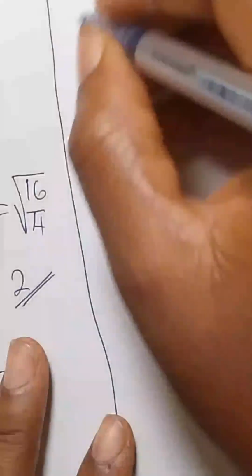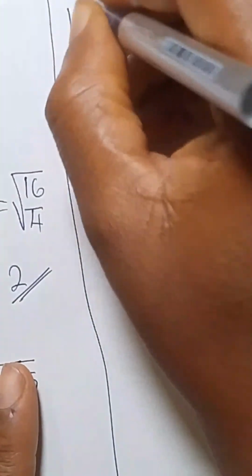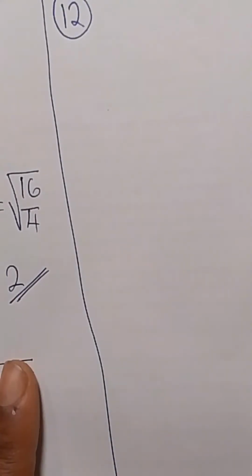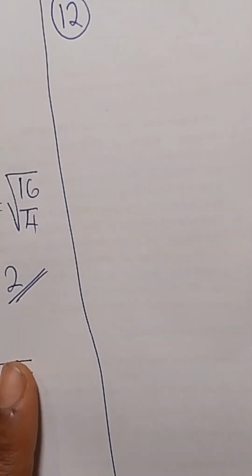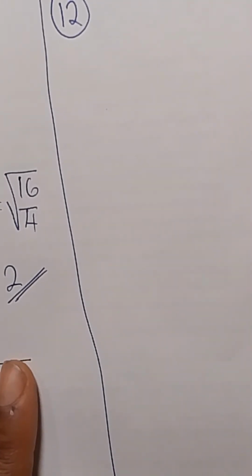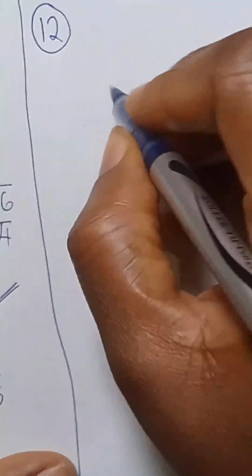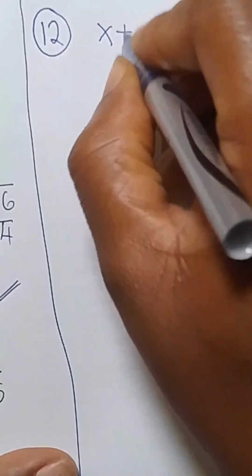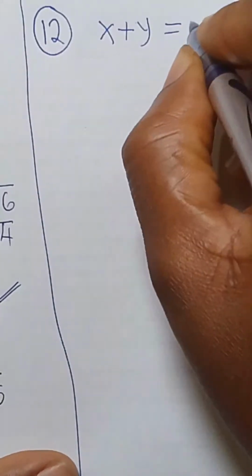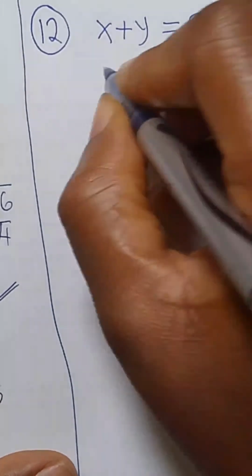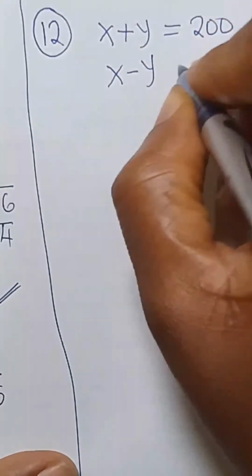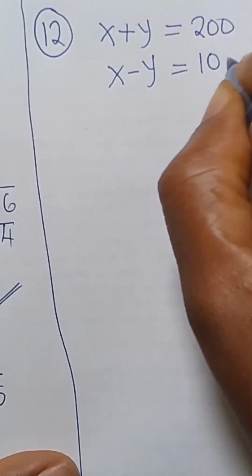Question number 11 and 12. We just solved 11. Question number 12: you're given x plus y is equal to 200, x minus y is equal to 100.